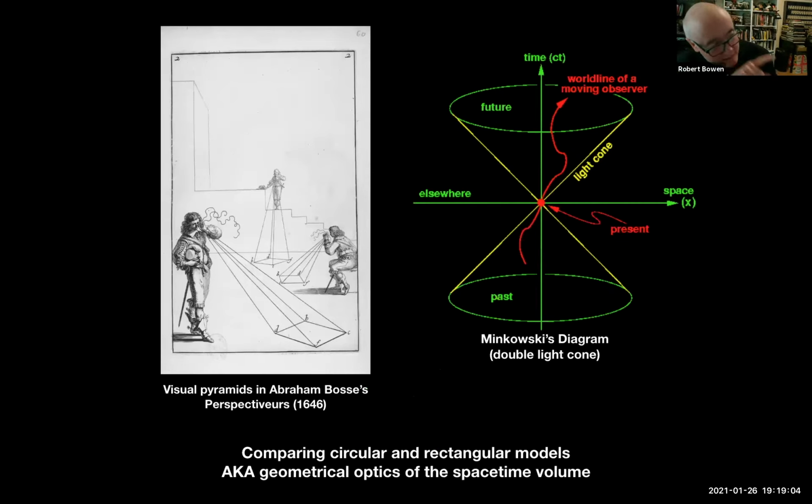I think it's interesting to think about that schema against the standard one of geometrical optics, which is the visual pyramids shown here on the left. One thing that is interesting is that the geometrical rectangular schema is an abstraction of actually the cone of vision, which is not rectangular, it's circular.